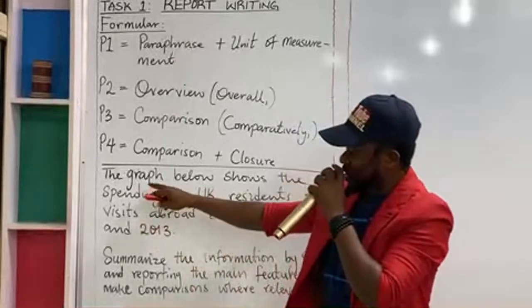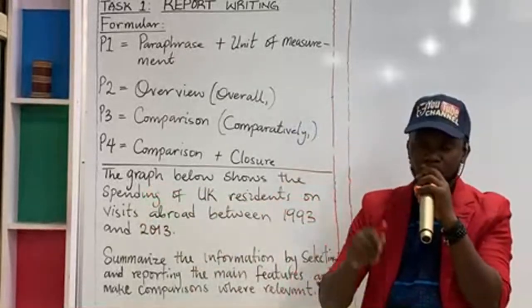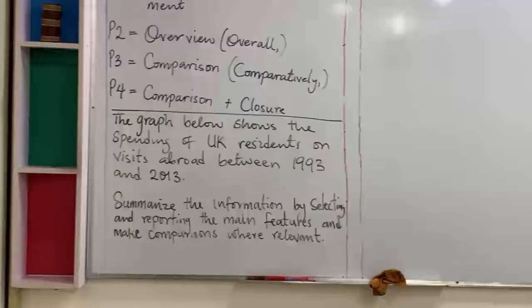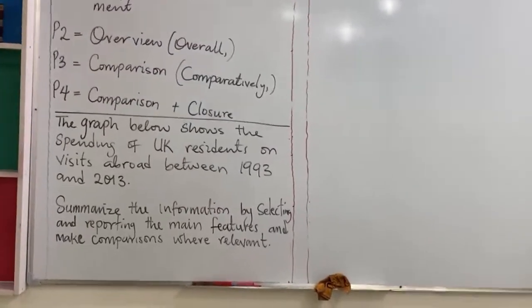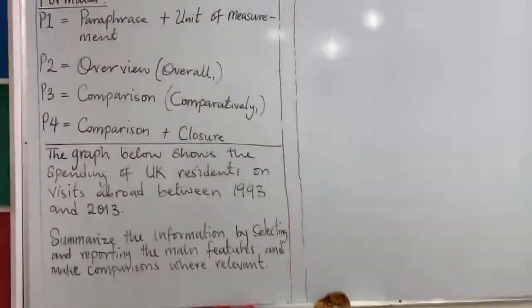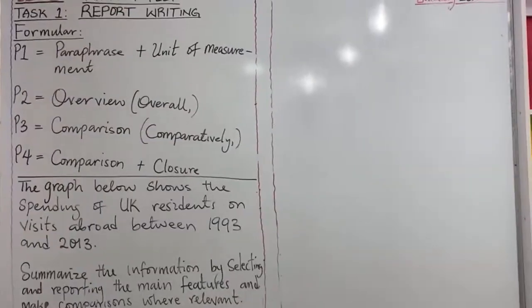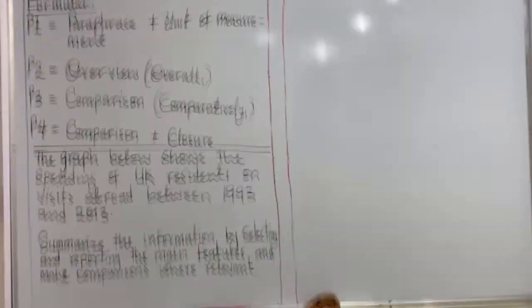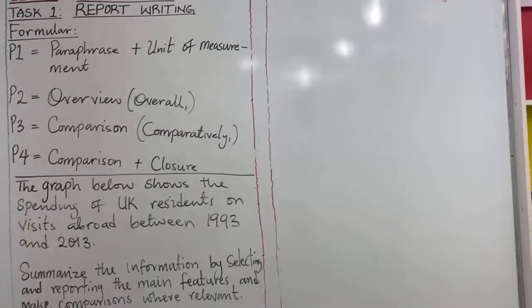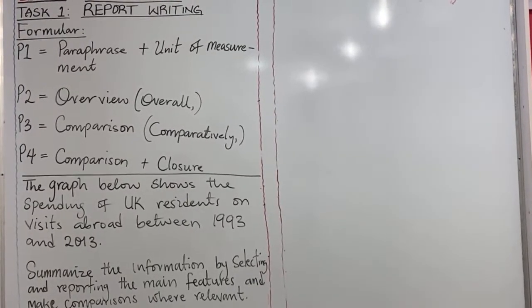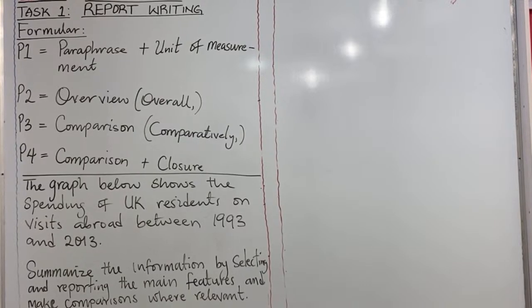That question says the graph below. But when you are paraphrasing, you have to change. Okay, so I'll take that again. The given line graph shows the amount of money spent by indwellers of the United Kingdom.